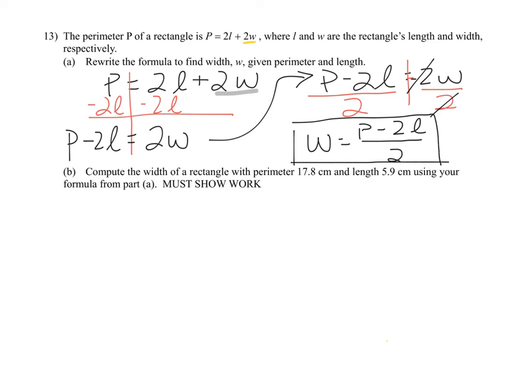Okay, so it says now compute the width. So now we have a formula for just finding width when we know the perimeter and the length.